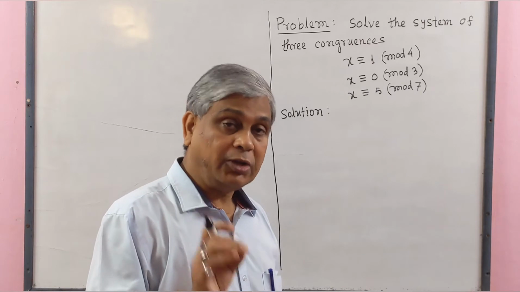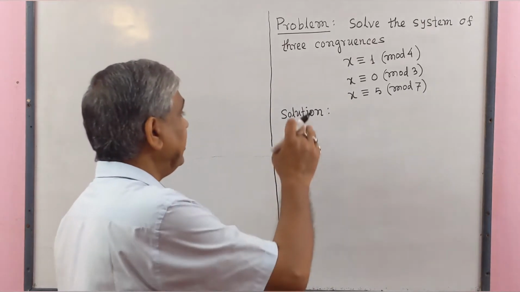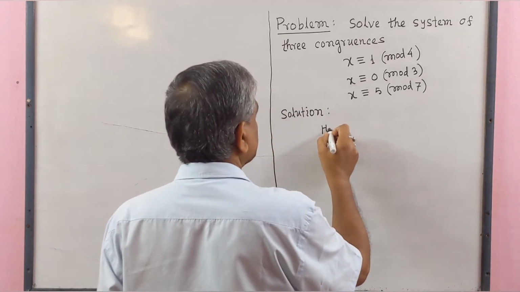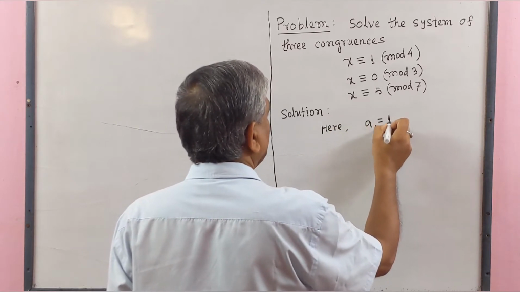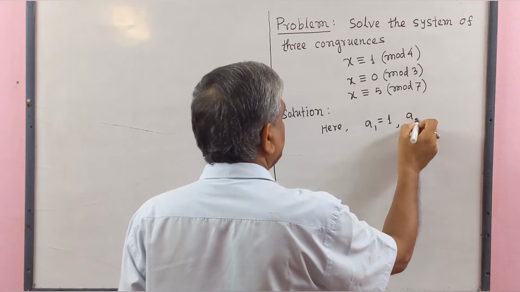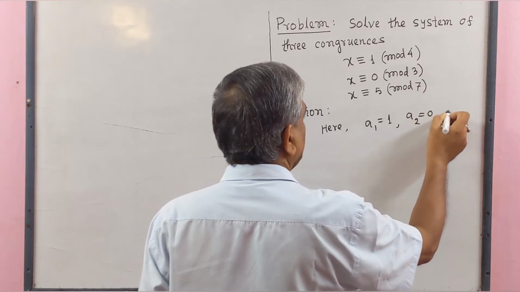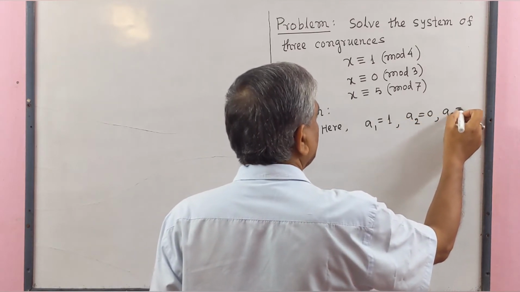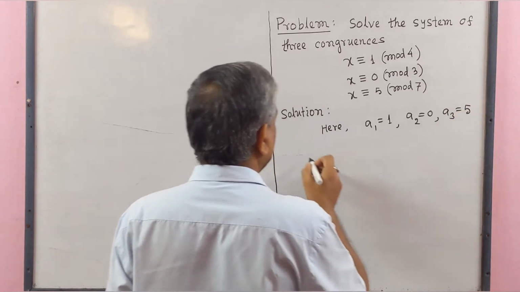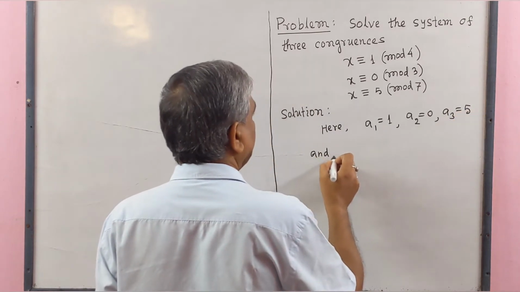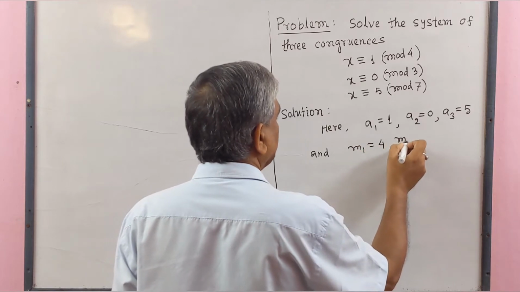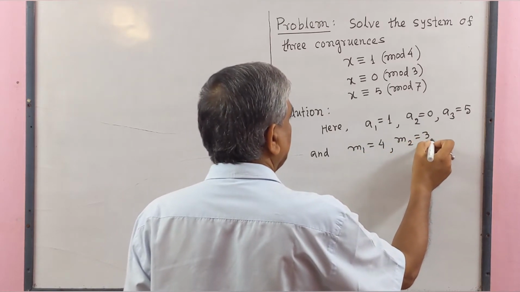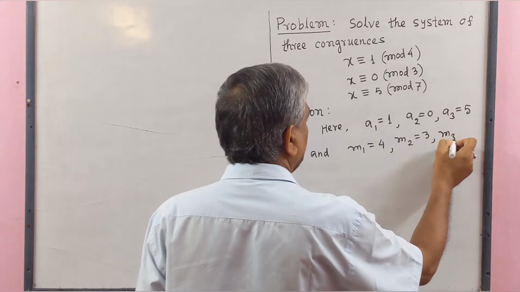Now we solve this problem. Here a1 equal to 1, a2 equal to 0, a3 equal to 5 and m1 equal to 4, m2 equal to 3, m3 equal to 7.